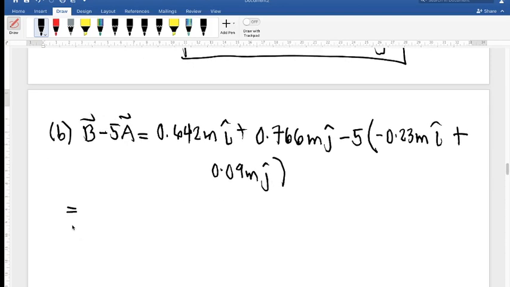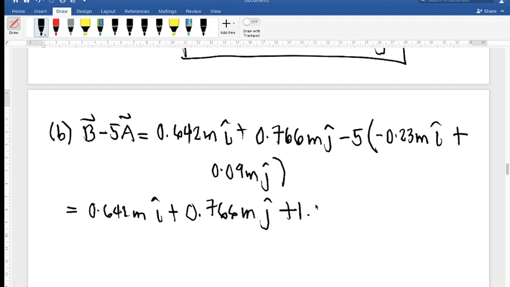So then proceed. So let's simplify a first. So we copy b first. And then after, we have to simplify. So negative 5 times negative 0.23. So how much is that? So that is equal to positive 1.15.